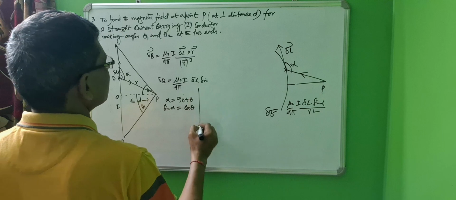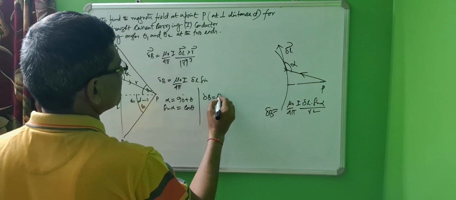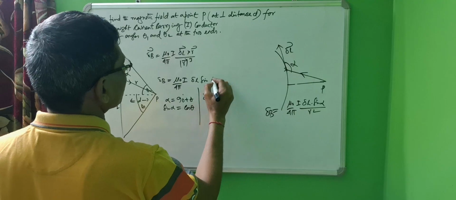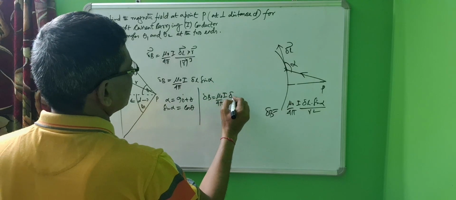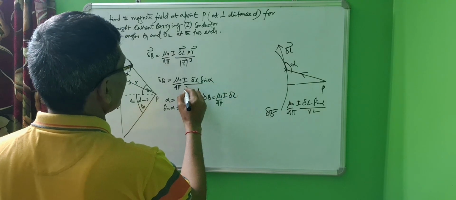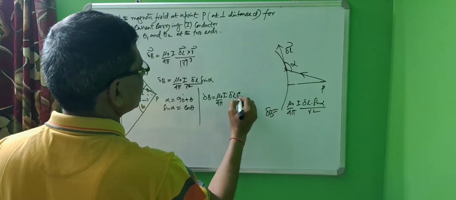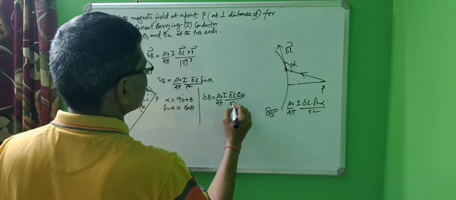So delta B equals mu 0 upon 4 pi I delta L cos theta, this divided by R square.